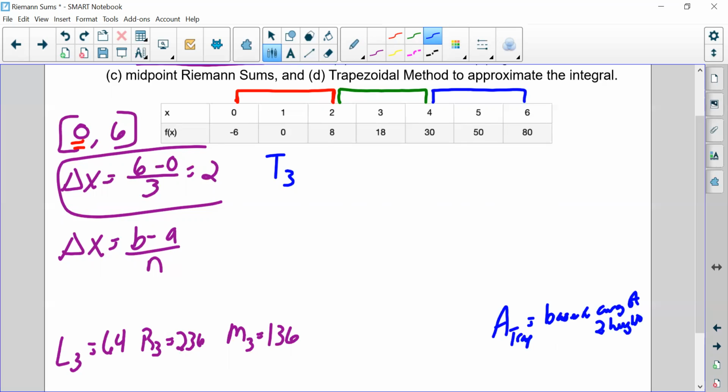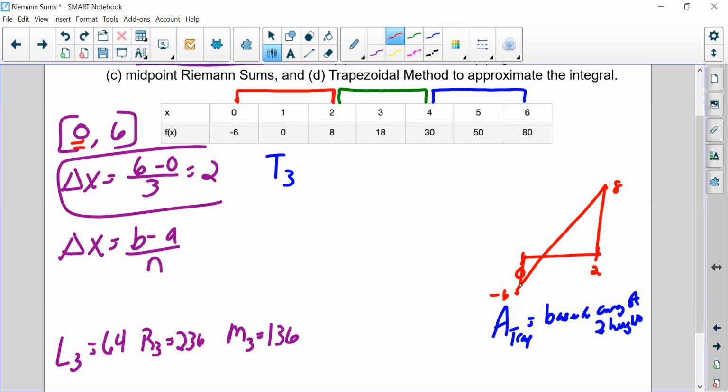If you think about it, if I'm doing this red rectangle, starting here at 0, ending at 2, I have a height of -6, then a height of 8. So my trapezoid is going to connect those two endpoints and then go to our x-axis.